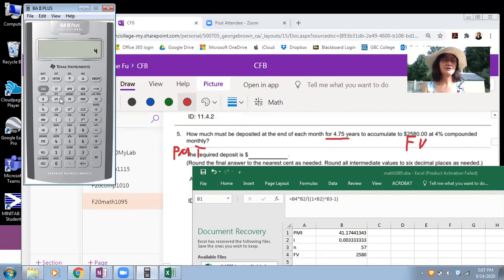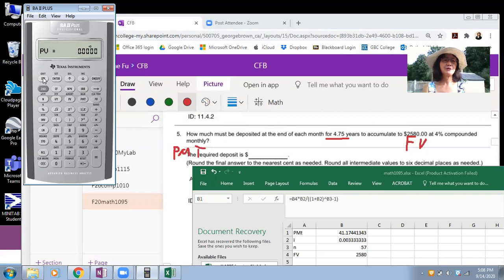4 is interest I, 4, and then $2,580, that is FV. Okay, remember you need 4 items. Now you need to enter 0 is PV.